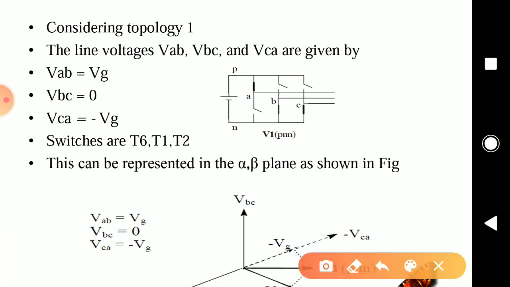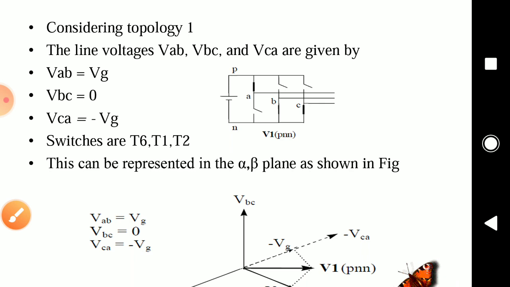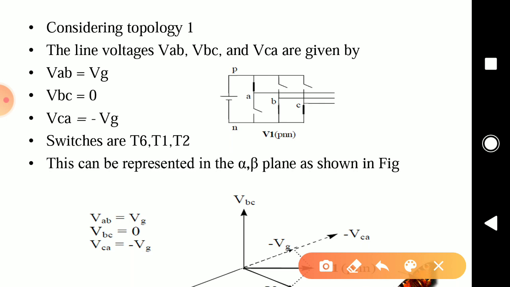As already explained, the first topology is PNN. I need to find out the line voltages during this particular state. If I want to find out voltage VAB, VAB means the first and the second leg. In the first leg, P is on.